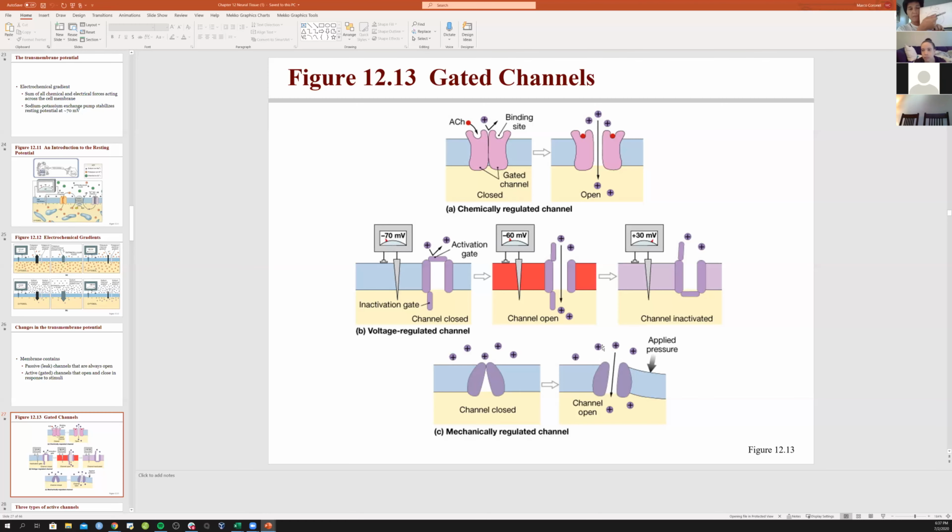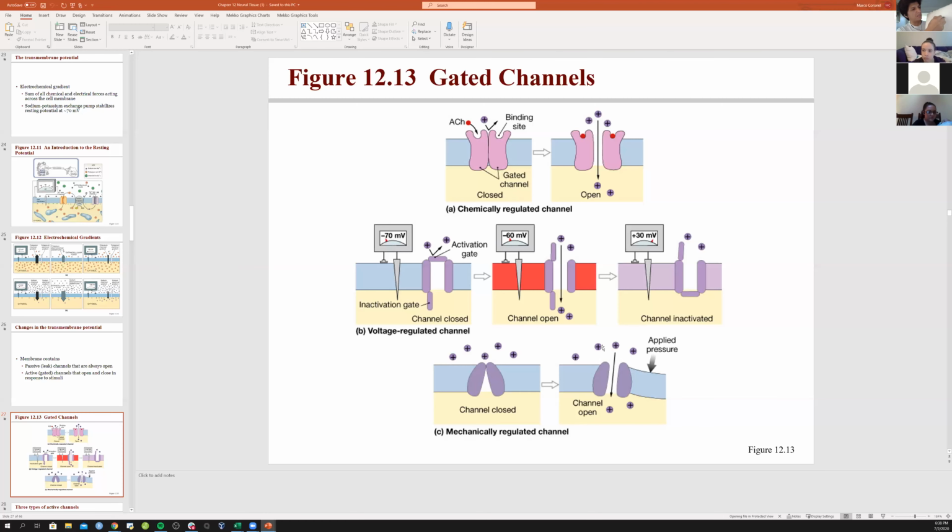In the PowerPoint example, when we open the sodium channel, sodium rushes into the cell until the cell is positive 30 millivolts.